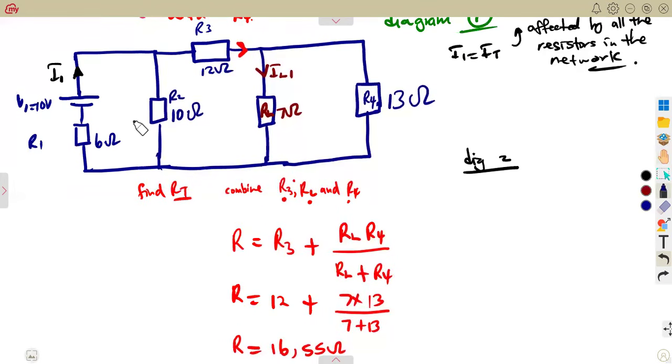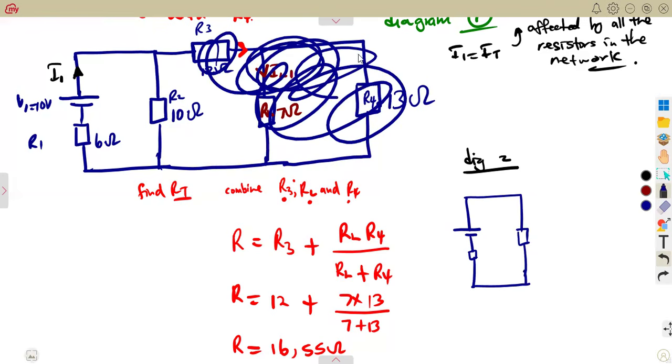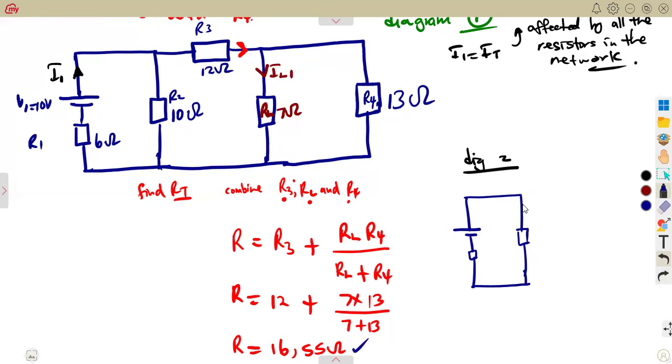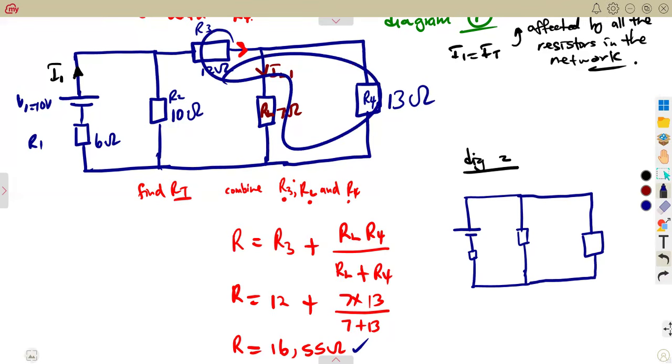You'll see that it will be the source as it was before. You're going to take this part, also your R2, but you have combined these ones. It's now a single resistor, which is the one that we called R. It is just a single resistor. You combined all these three.